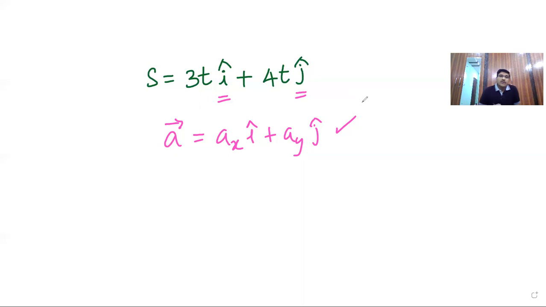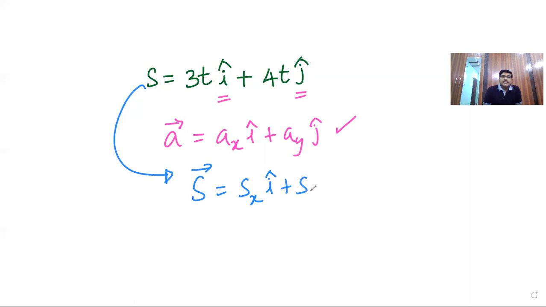Now if I express S in the same manner, S bar is Sx i cap plus Sy j cap. This is the vectorial form, where Sx is the component of S along the x-axis, Sy is the component along the y-axis, and i cap and j cap are unit vectors along x and y direction.